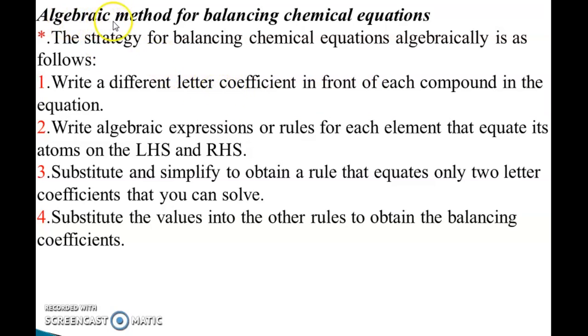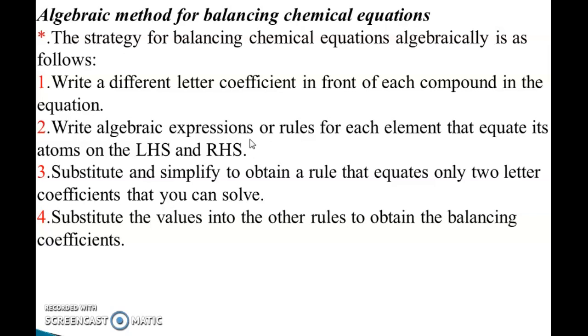through the algebraic method. Now, in the second step, we have to write down an algebraic equation or rule for each element that equates its atoms on the LHS and RHS. After writing the letter coefficients, we have to match the atoms of each element on the LHS and RHS.